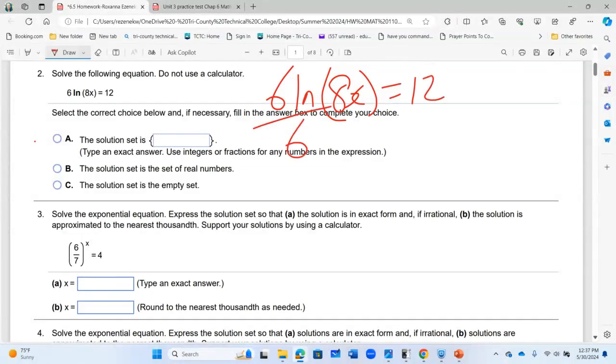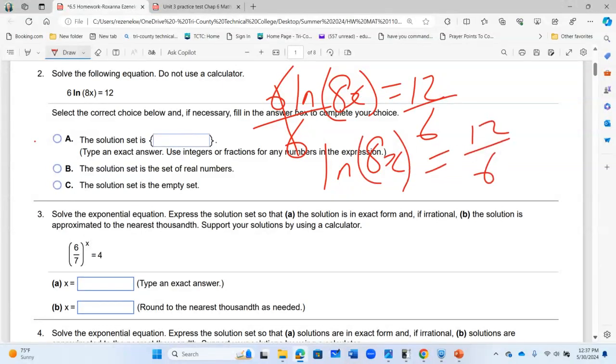Divide both sides by 6. Now I have natural log of 8x is equal to 12 over 6.